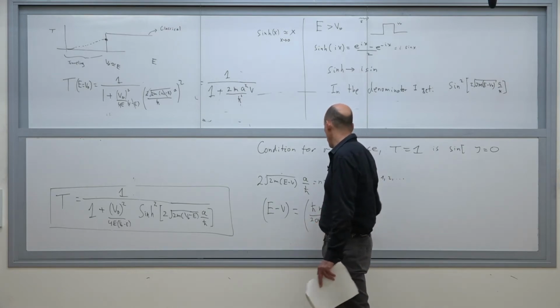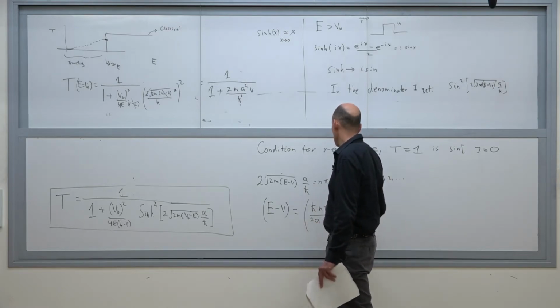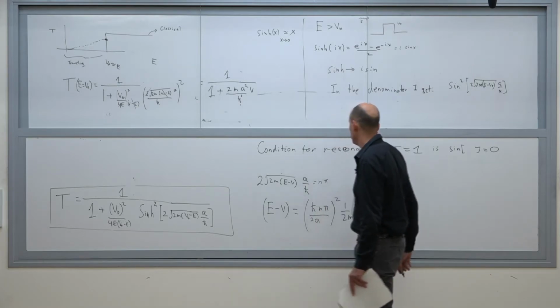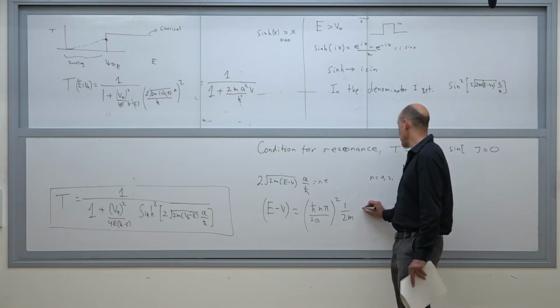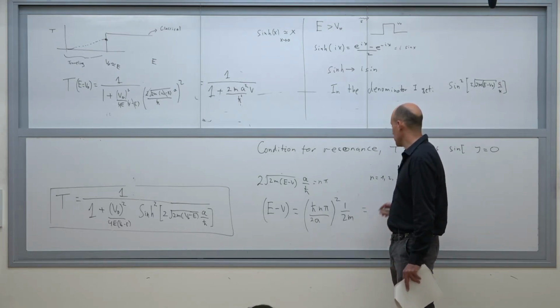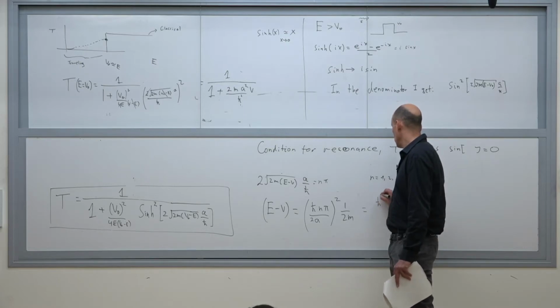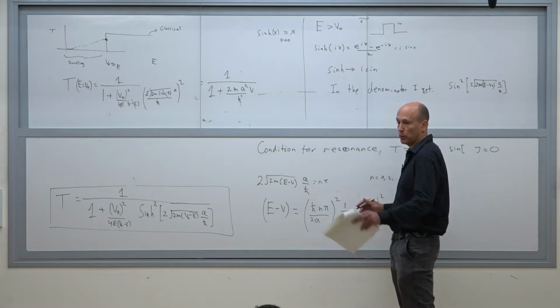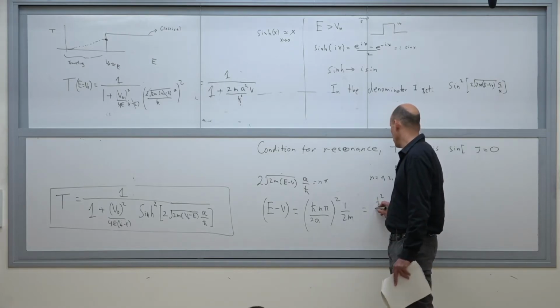Does this remind you of something? What does this remind you of? I can't hear you. Potential well. What potential well? Infinite potential well. Yeah, that's what you meant. Good.